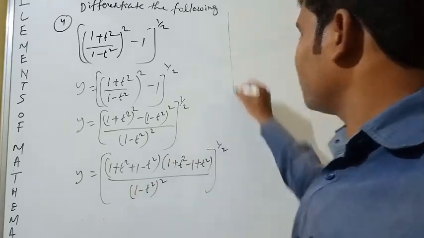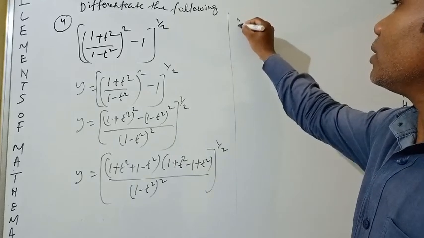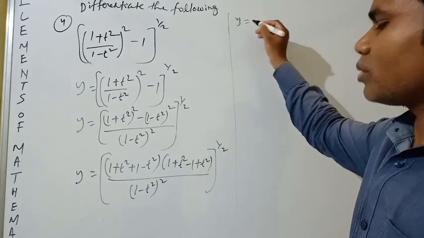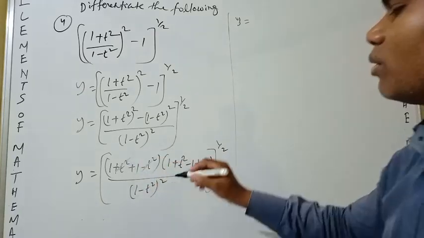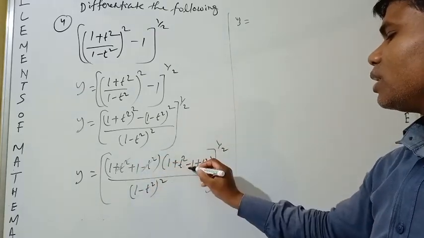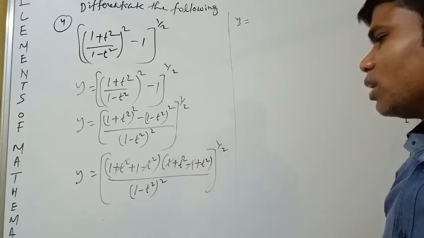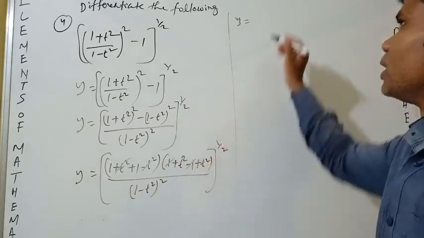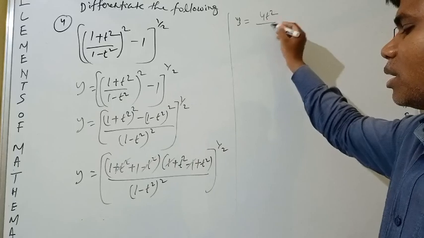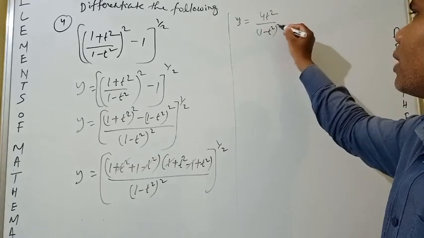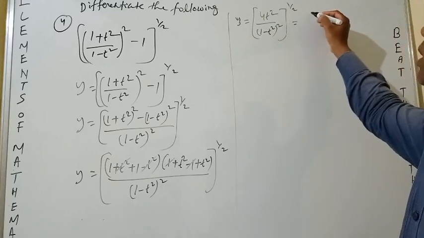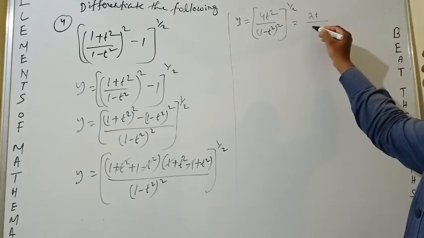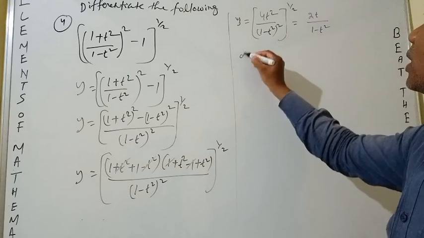Y is equal to, this is minus t square plus t square cancel out, this is 2, this is minus 1 plus 1 cancel out, 2 into 2t square, that is 4t square by 1 minus t square to the power 2. You see half power is given, that means this is 2t by 1 minus t square.